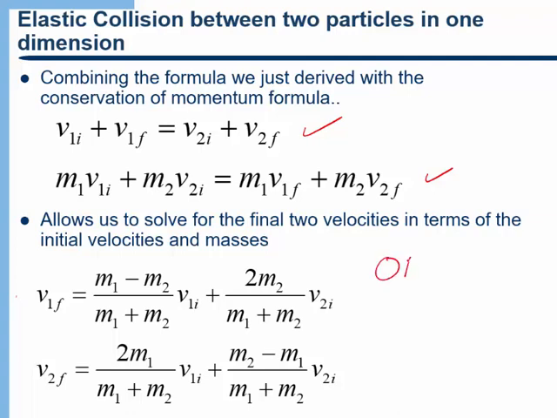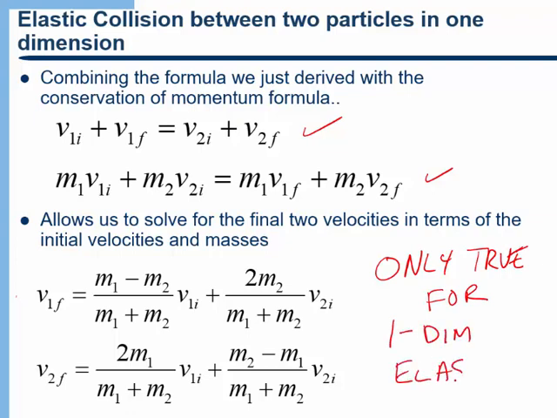Now make sure you realize this is only true for one-dimensional elastic collisions. If on an exam I give you a problem and I don't tell you the collision is elastic, don't use these formulas. You can only use them if you know the collision is elastic.